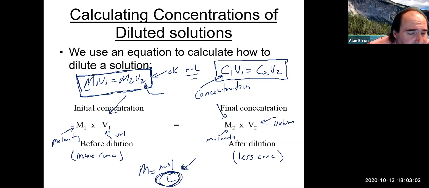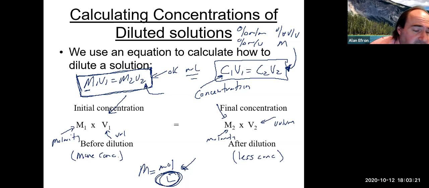But technically speaking, you could use this formula with any of those units of concentration that we talked about. So you could use something like percent mass to volume on both sides. You could do percent volume to volume as well. You could use molarity. So sometimes people will use this more generic version of the dilution equation.